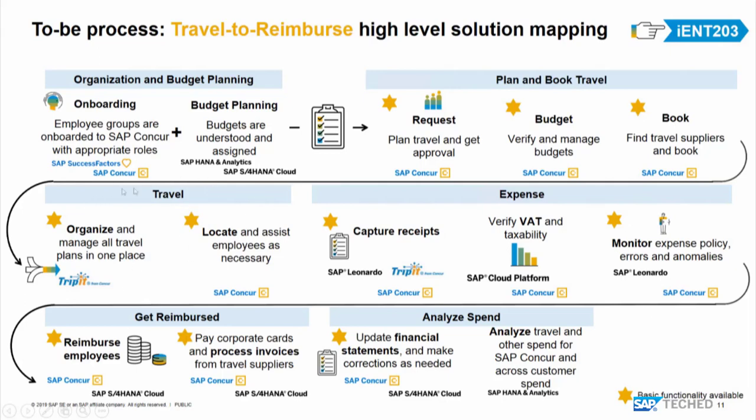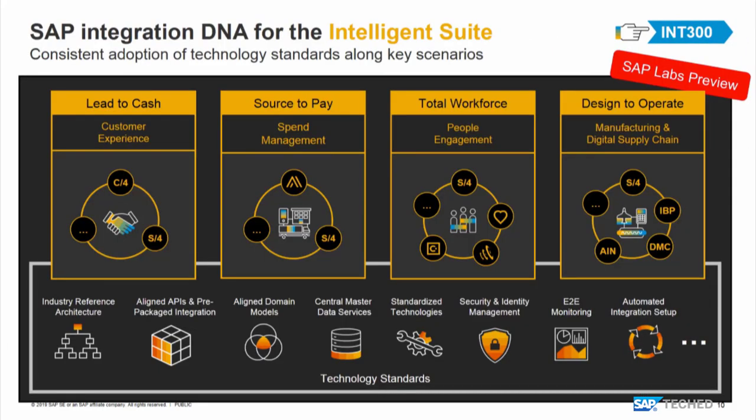Then during the travel, they would use the TripIt app to make sure that they capture all their expenses. Oh, well, there it is again with the capture of the receipts and so forth. So in this fashion, I'm not going to go into further details, but we will come out with all of these respective sub-processes of those integrated scenarios in travel, in total workforce management, what I just talked about here.